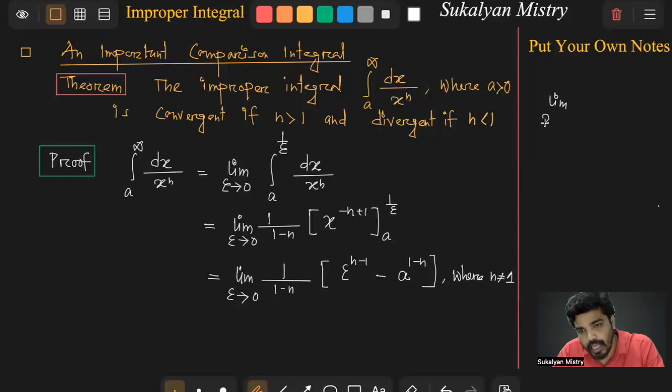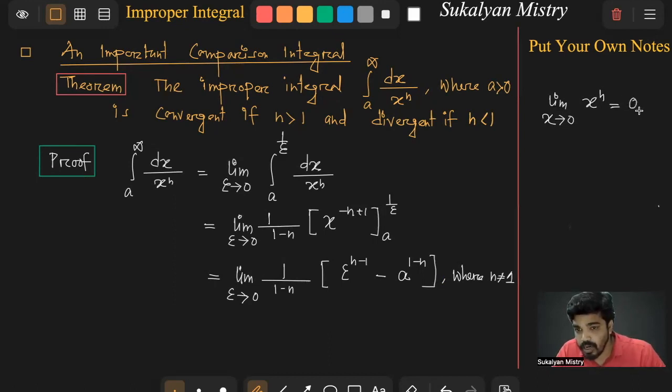limit x tending to 0 x to the power n, so that equal to undefined কখন হবে যদি n টা নেগেটিভ হয়, ওকে, যদি n টা পজিটিভ হয়, that is if n greater than 0.